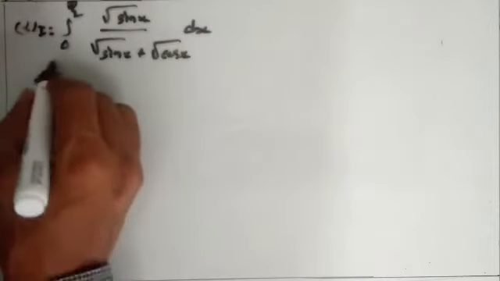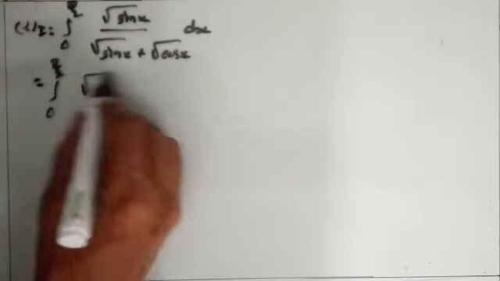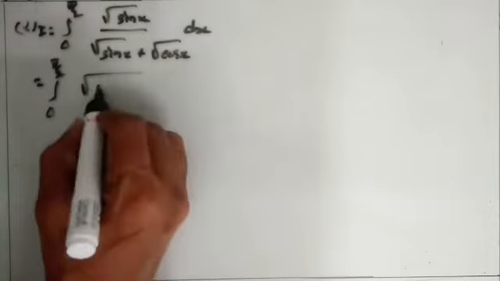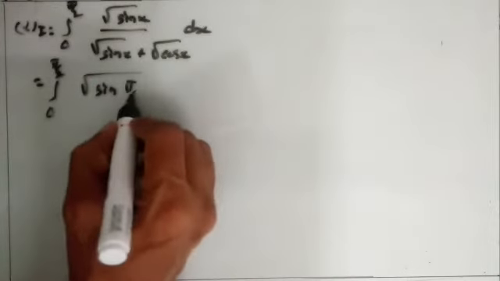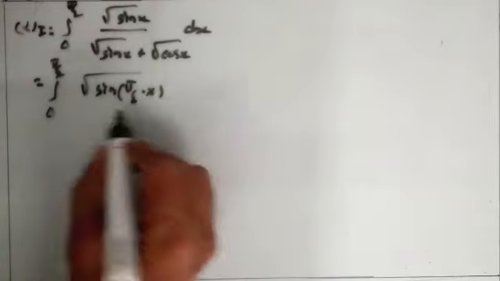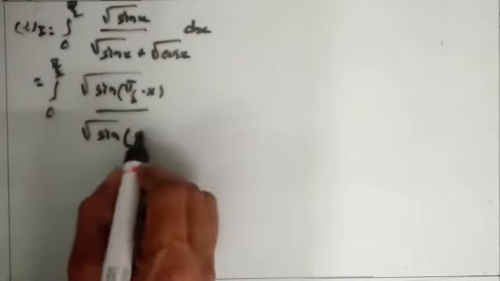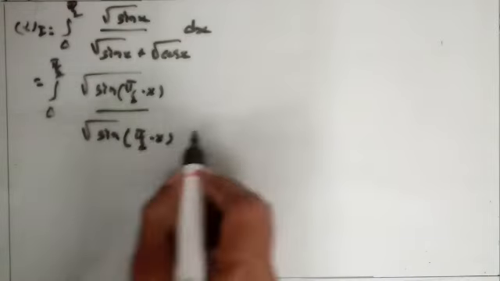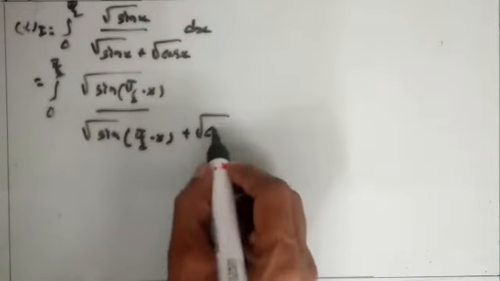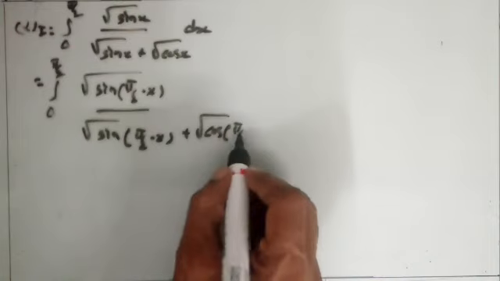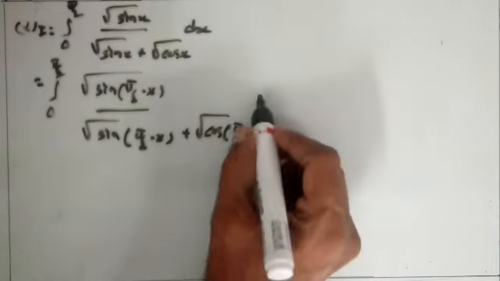So 0 to pi by 2, replace x by pi by 2 minus x, root of sin pi by 2 minus x upon root of sin pi by 2 minus x plus root of cos pi by 2 minus x dx.